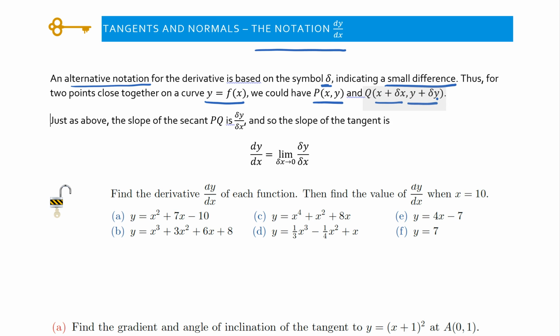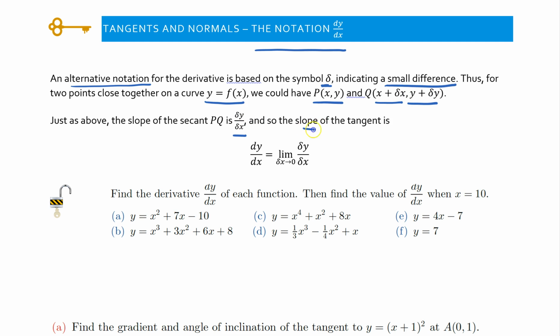So Q is a point not far from P. We can find the slope of the secant, and that's the change in the y values over the change in the x values, y2 minus y1.